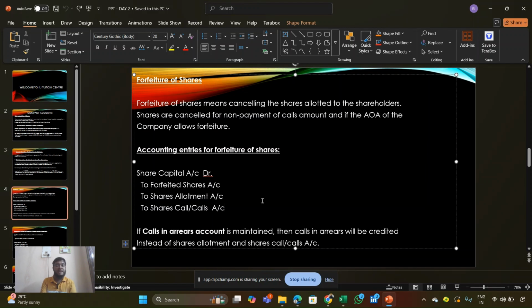Okay, as we did in the last sum with calls in advance account, the same thing: we will not mention share call, share allotment. We'll club both in the calls in arrears account.